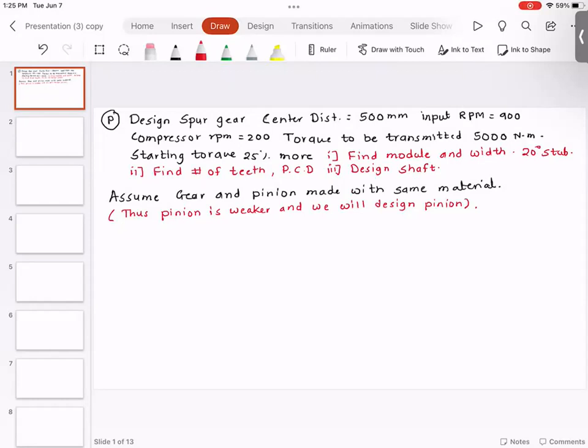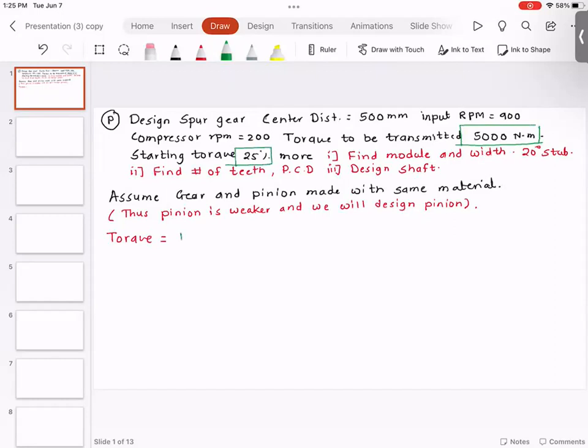So the next thing is torque. If you look at the torque that is to be transmitted, which is the steady state torque, it's 5,000 Newton meter, but the starting torque is 25% more.